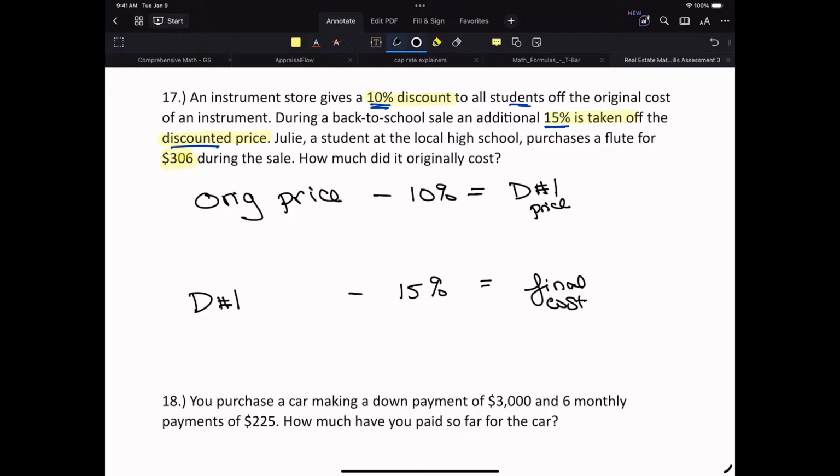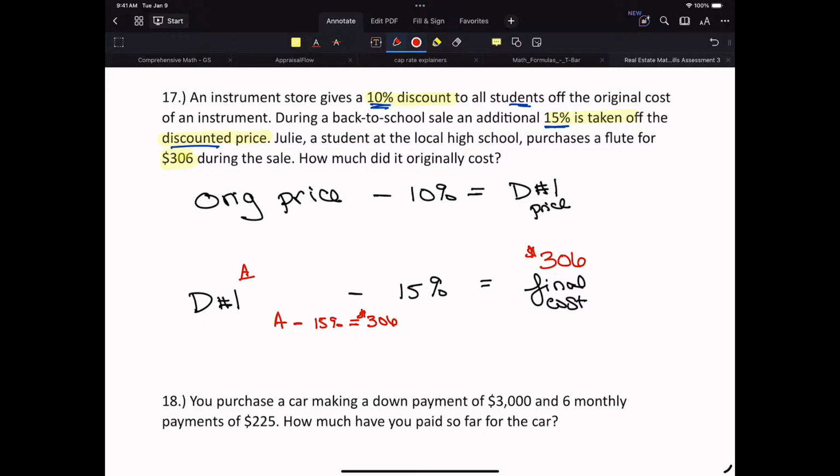All right, let's change colors. We know the final cost was $306. So we are solving for, we'll call this A. We know that A subtract 15% is $306.